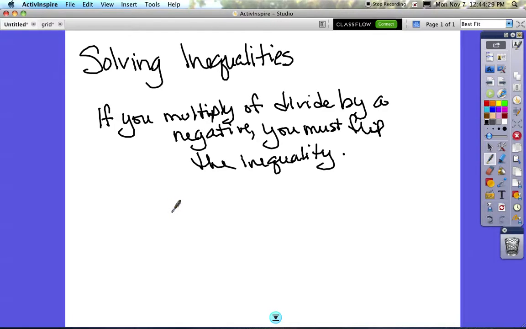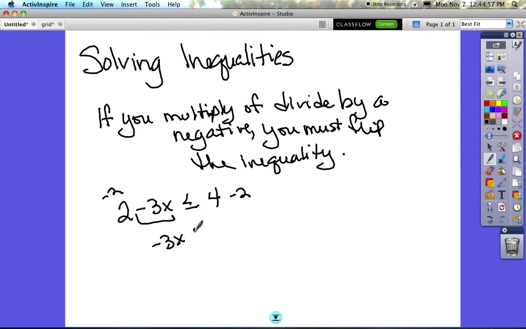That's going to be where a big mistake happens. All right, let me give you an example. Okay, how would I start getting x by itself? Subtract 2. So that gives me, what am I going to bring down?